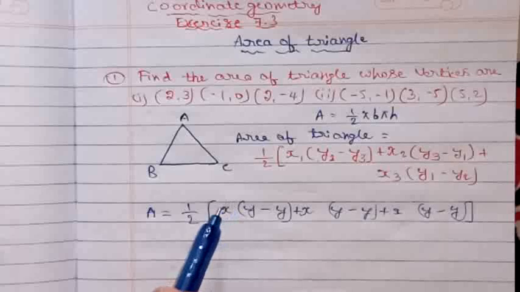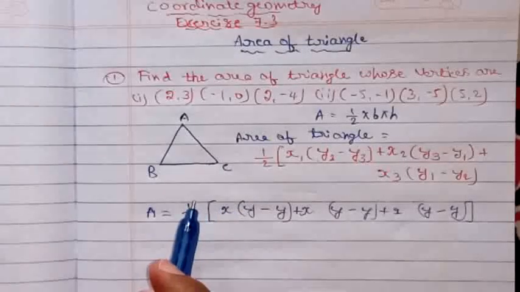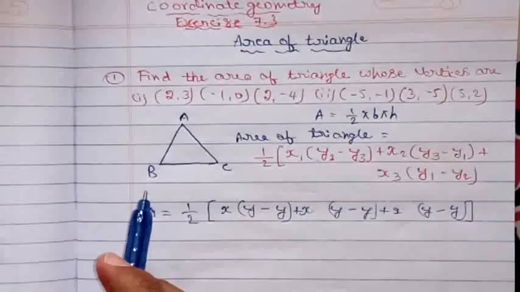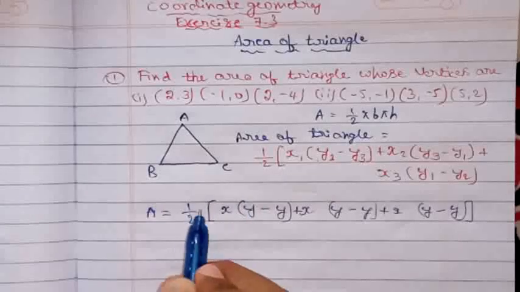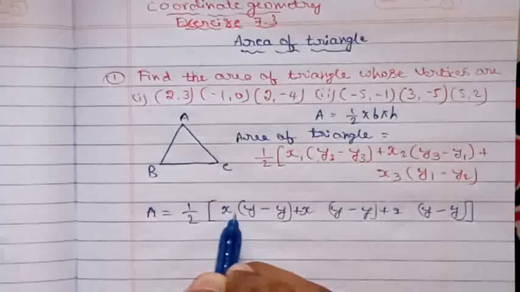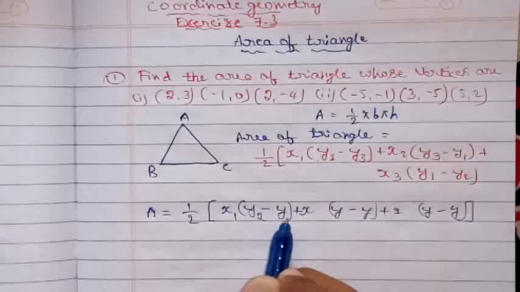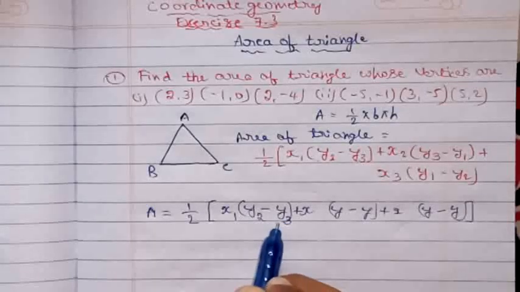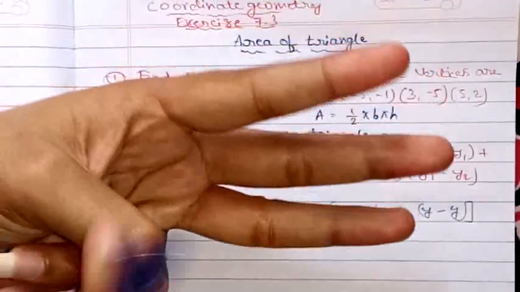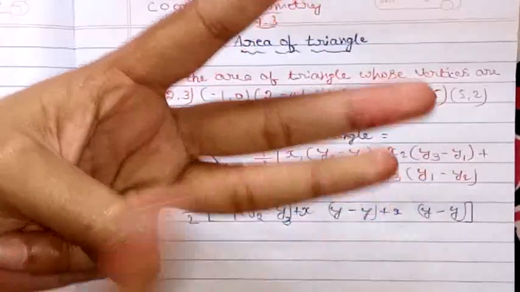Now you need to write down the numbers. Then you can easily remember this formula. So how to write the numbers? Simple. First write down 1, 2 and 3, right?